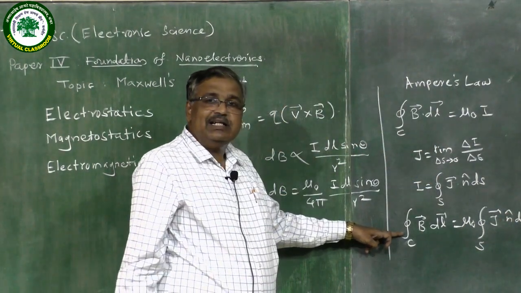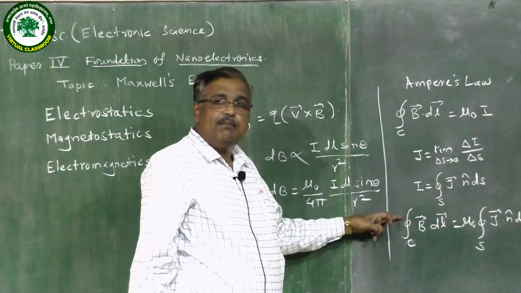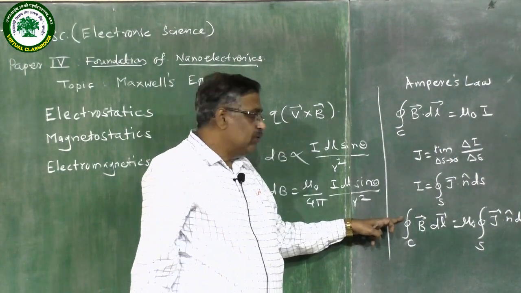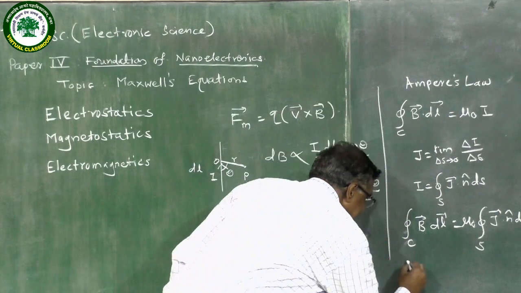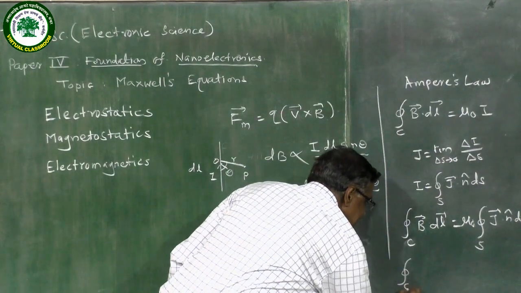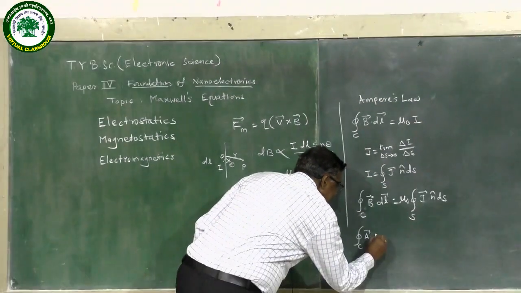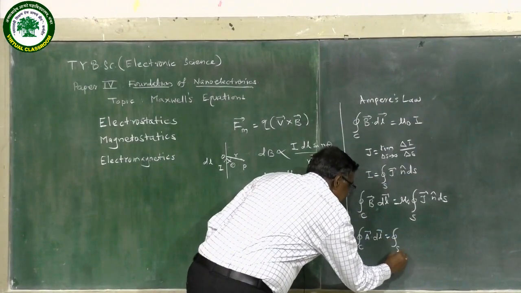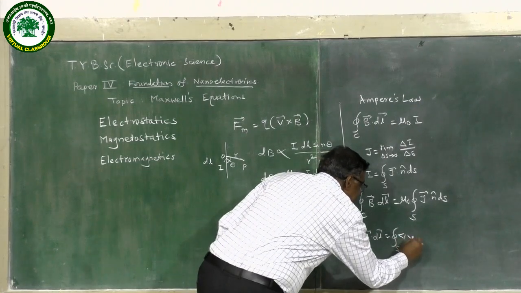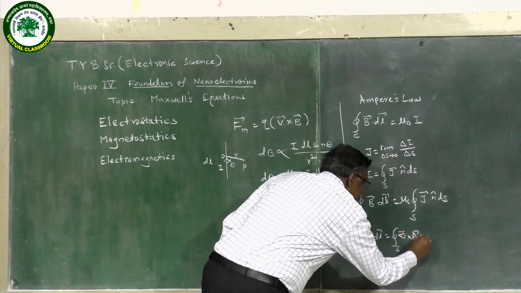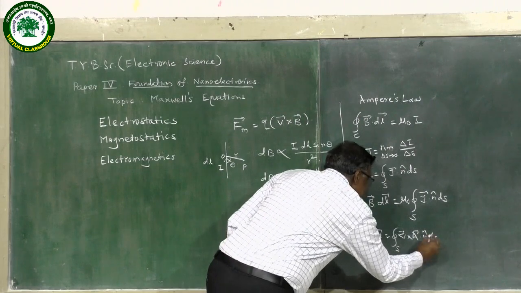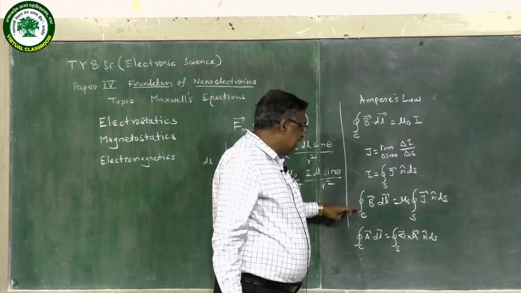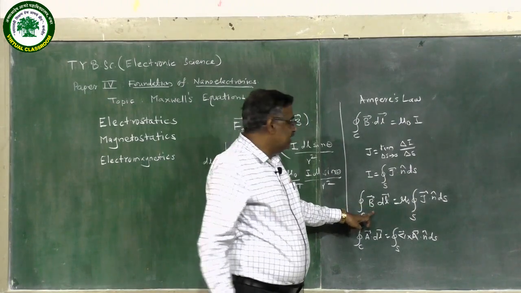Convert this line integral into a surface integral by using the Stokes theorem. According to Stokes theorem, if A is any vector, the line integral of vector A dot dl is converted into a surface integral with the help of the curl of that vector, that is, the surface integral of curl of A dot n ds. Using this Stokes theorem, we convert the line integral into a surface integral.